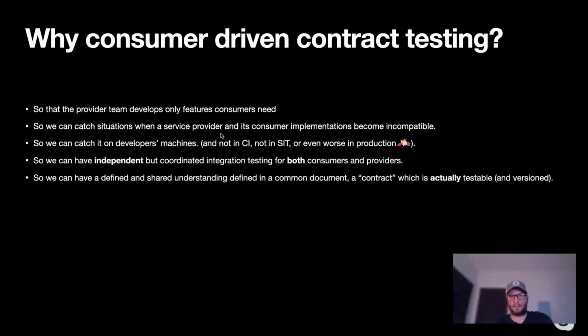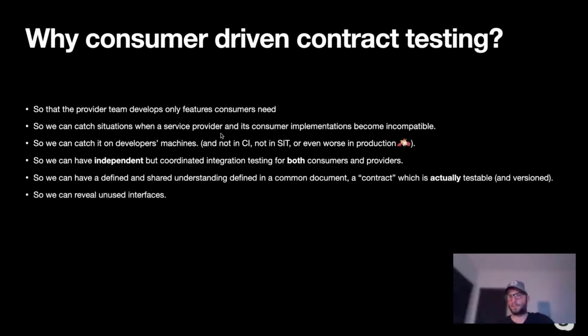We can have a shared understanding defined in a common document, a contract, and we share that document and it's actually testable. Using this contract, we replay requests and responses on which we can assert our test cases.